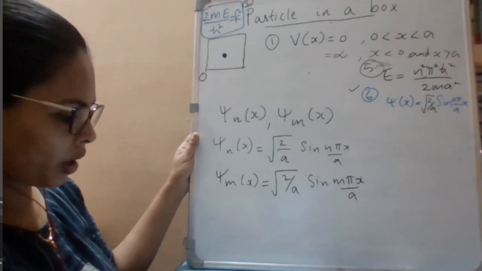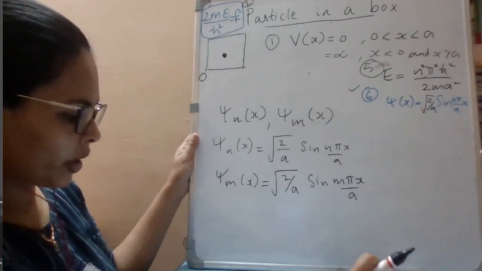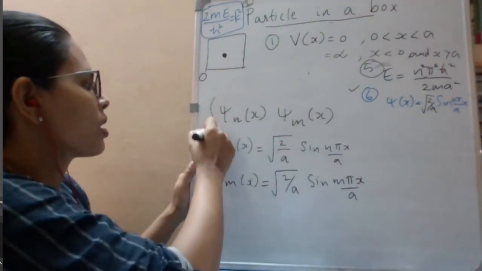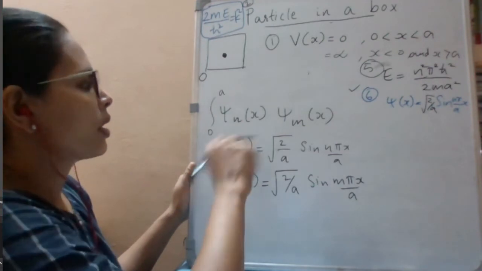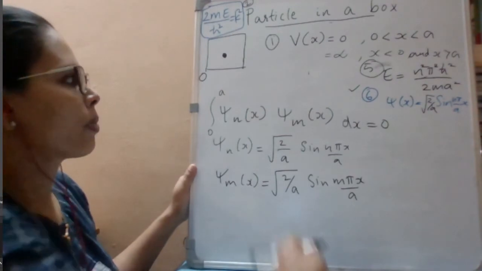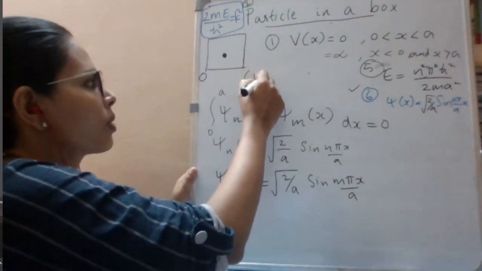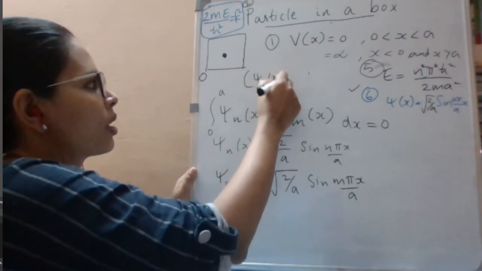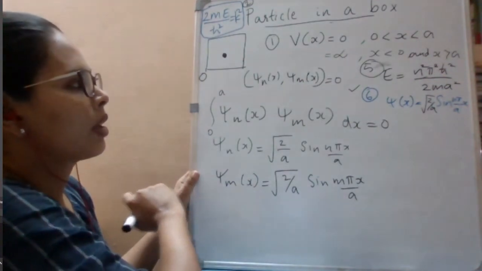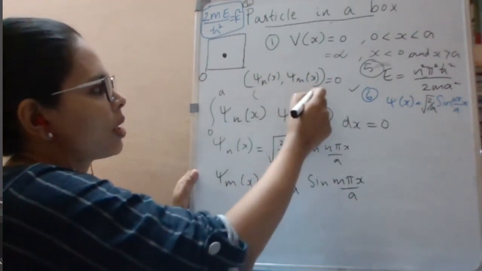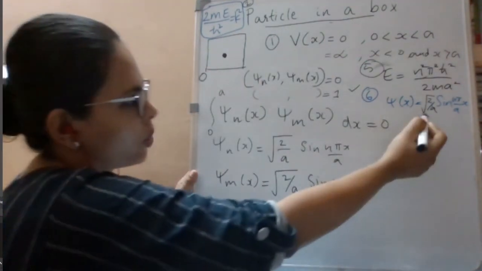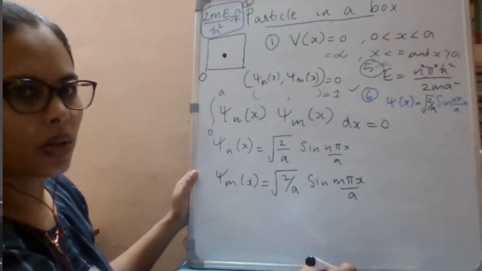Now, if these two wave functions are orthogonal, the condition is: integral 0 to a psi n of x psi m of x dx should be 0. That is their inner product. In bracket notation, <psi n|psi m> is going to be 0. For the normalization condition, the same thing will be 1. That is what we already had, and that is how we calculated the normalization constant.